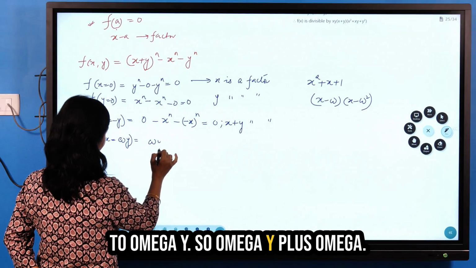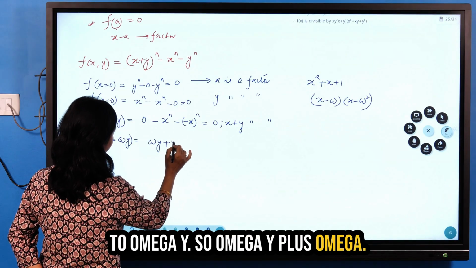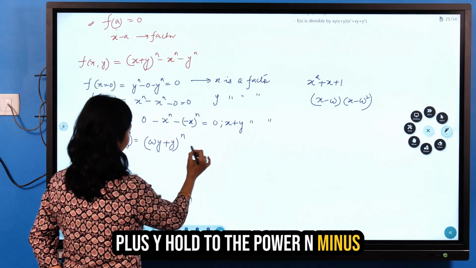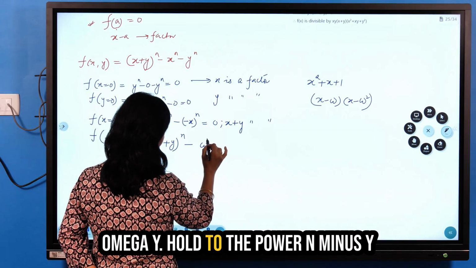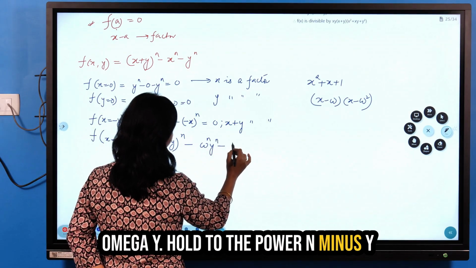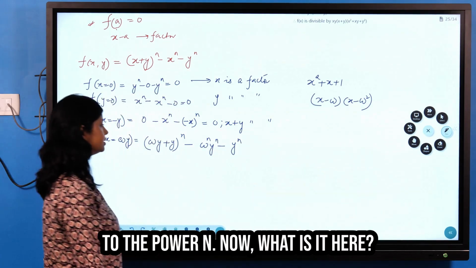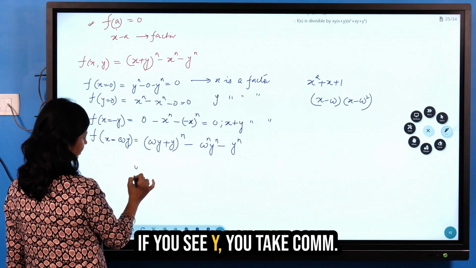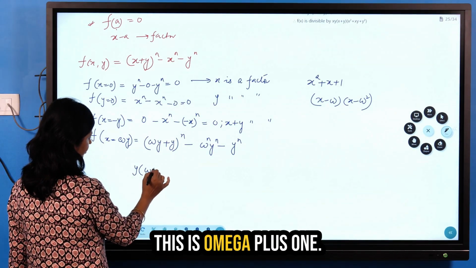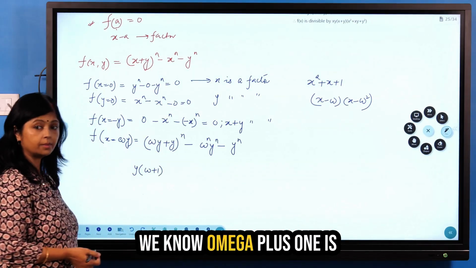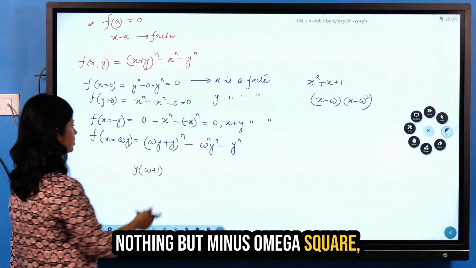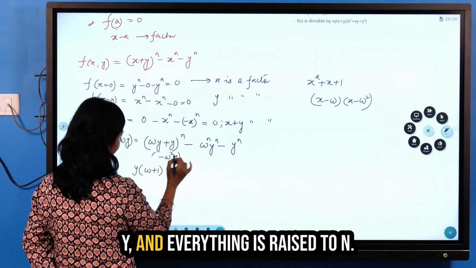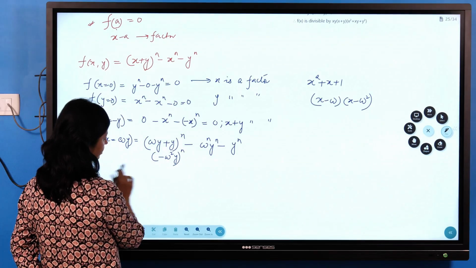So omega y plus y whole to the power n minus omega y whole to the power n minus y to the power n. Now here, if you take y common, this is omega plus 1. We know omega plus 1 is nothing but minus omega square. So this is minus omega square y, and everything is raised to n.